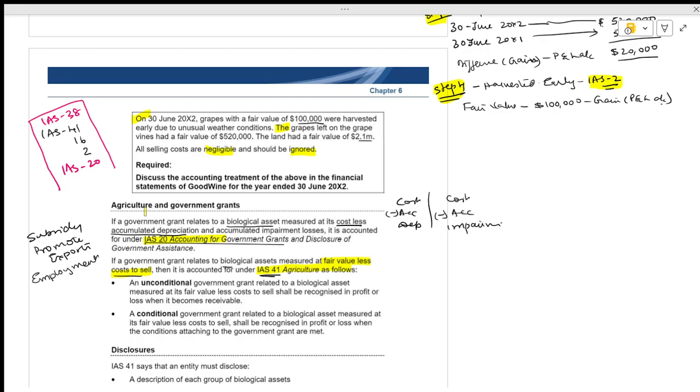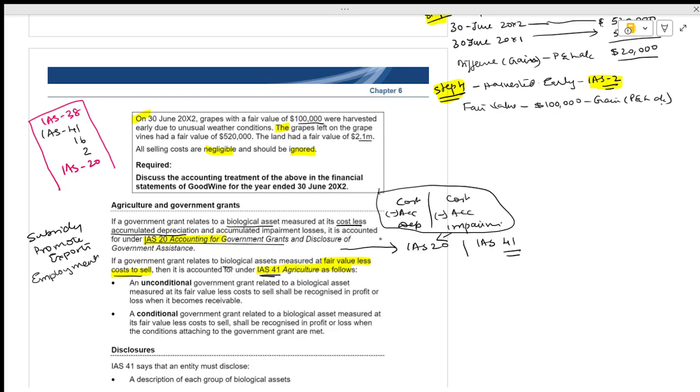There is a huge conceptual difference between government grants under IAS 20 and IAS 41.